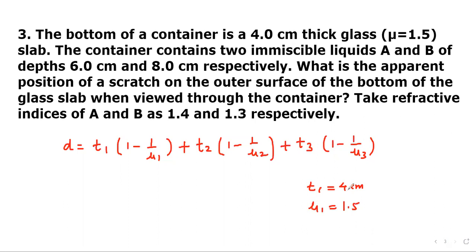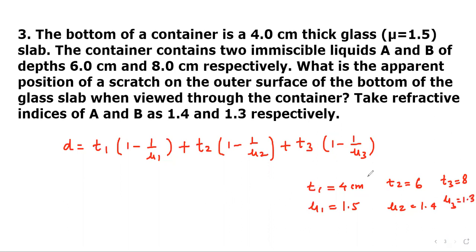Then T2, we take the height of liquid A. So T2 equal to 6 centimeter, and the refractive index is 1.4. Then T3, the real depth of liquid B, is 8 centimeter, and the refractive index mu3 is 1.3.